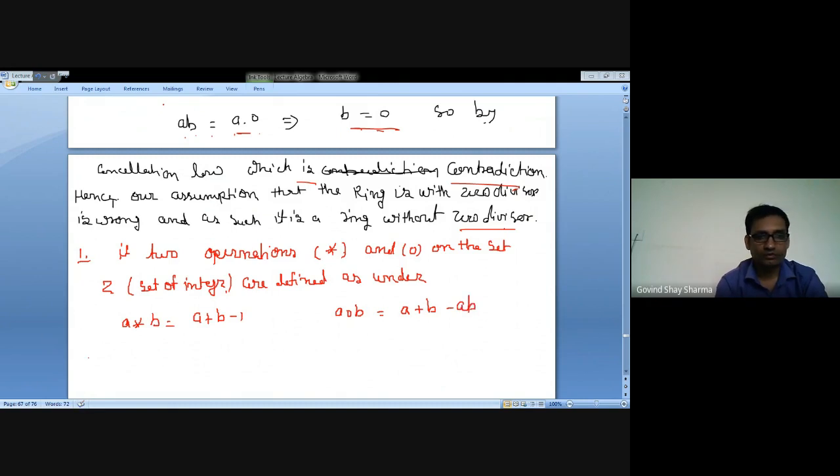Then prove that (Z, star, O) is a commutative ring.